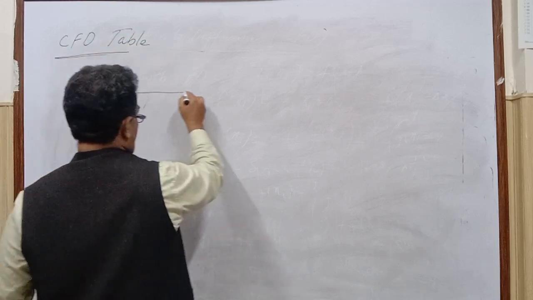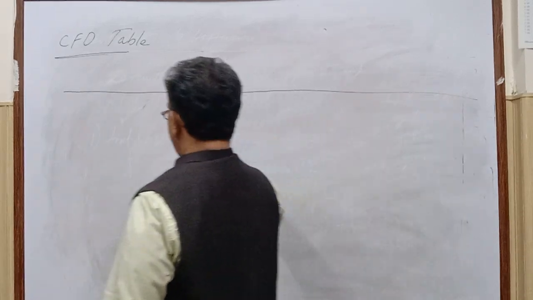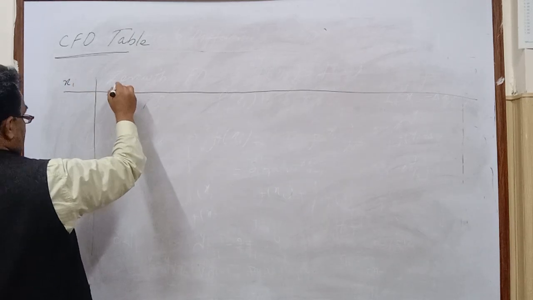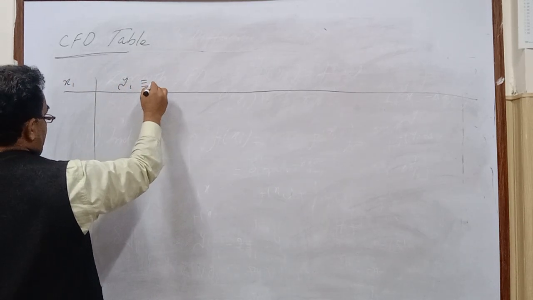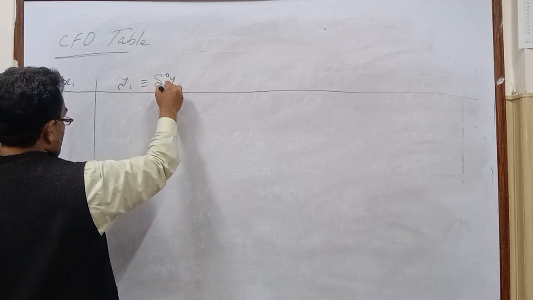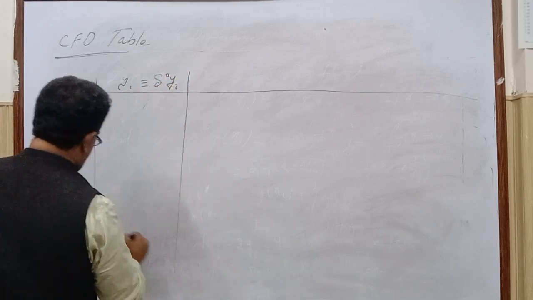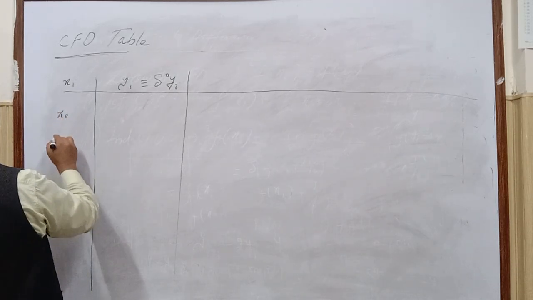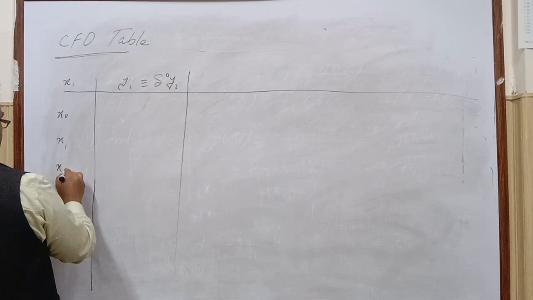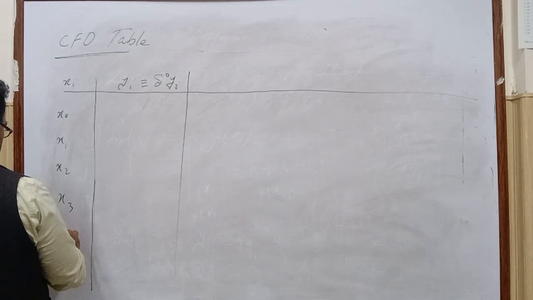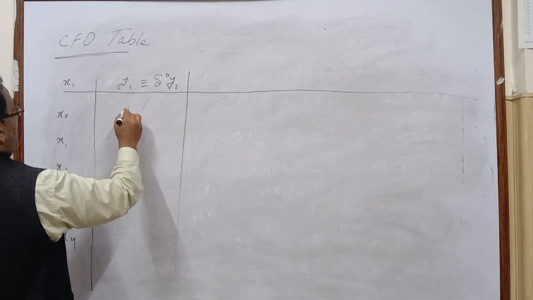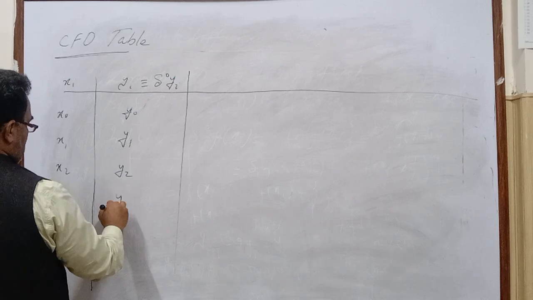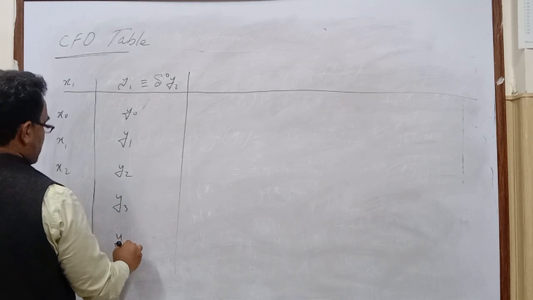Again, we will have certain given data. This is xi and these are yi, which can be written as delta 0 yi, the zeroth level CFDs. The values are x0, x1, x2, x3, and x4, and the corresponding values of y are y0, y1, y2, y3, and y4.